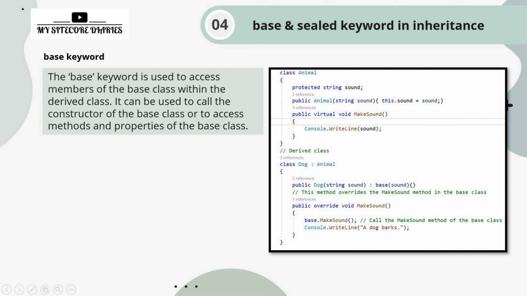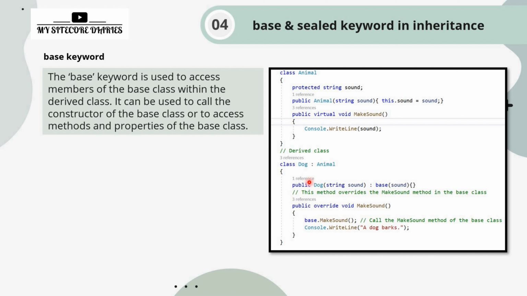Here I have a class Animal, which is our base class, and it has the constructor created here, and MakeSound is your method. Now, the Dog class is the derived class, it is inheriting the Animal class.